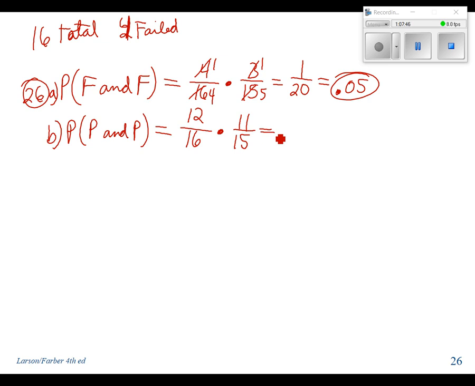Multiply tops, multiply bottoms, and then divide the 2. Just give me the decimal answer. 0.55. So about 55% of the time, we're going to get 2 good batteries.